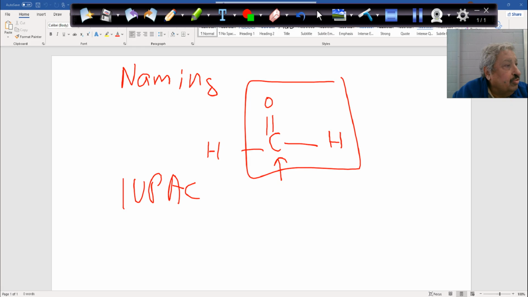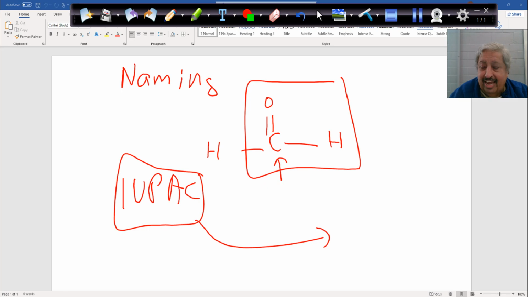And this functional group, according to the IUPAC, has to end with AL. AL, not OL. OL is for alcohol. This is AL. Because it has one carbon, it is one, that's what? Will be what?